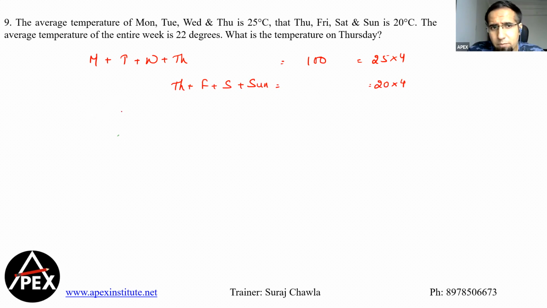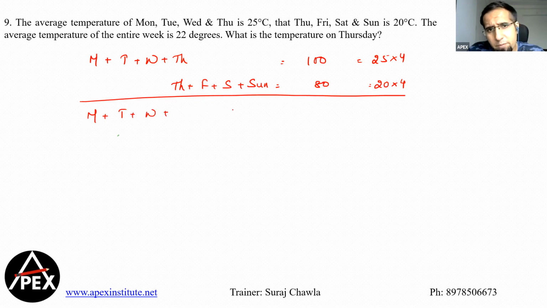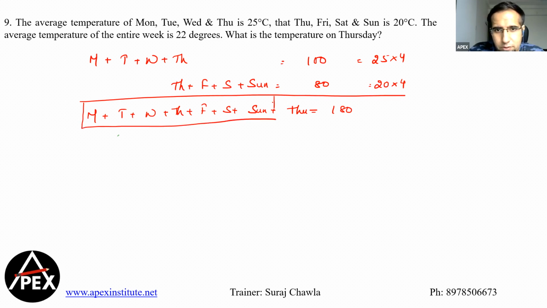So I get Monday plus Tuesday plus Wednesday plus Thursday. Let's say it one time. Plus Friday plus Saturday plus Sunday. Do not forget there is another Thursday left, which is equal to 180. Okay. Now the question says the average temperature of the entire week is 22, which means I'm talking about 22 into 7 will be the sum total of these.